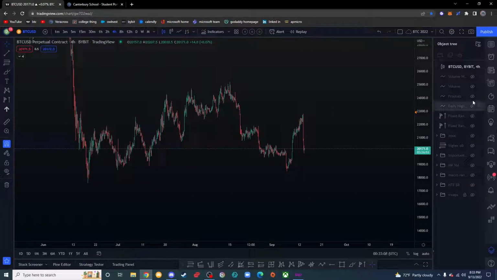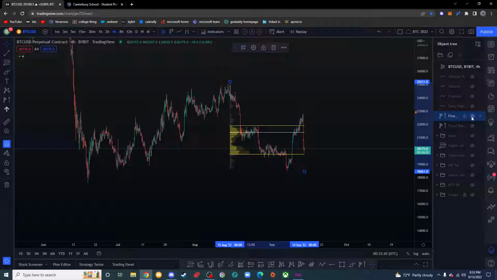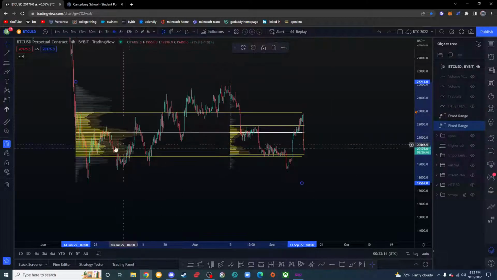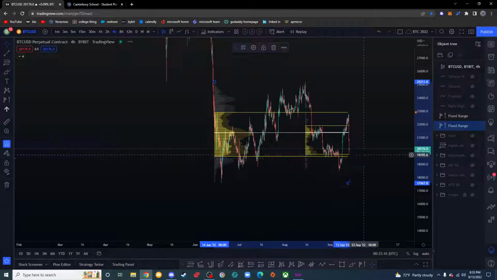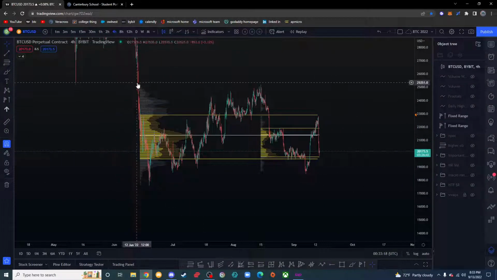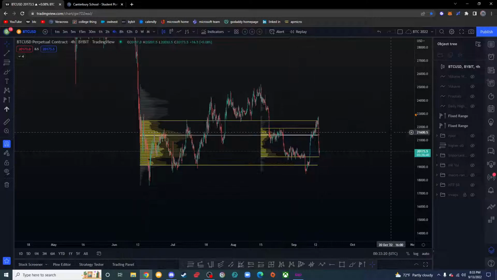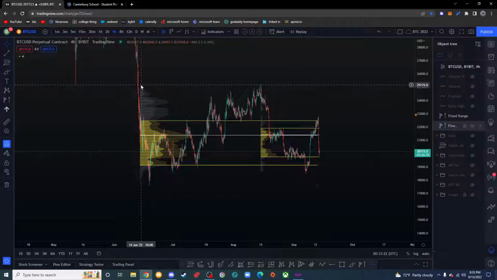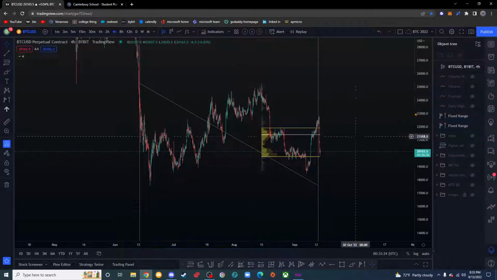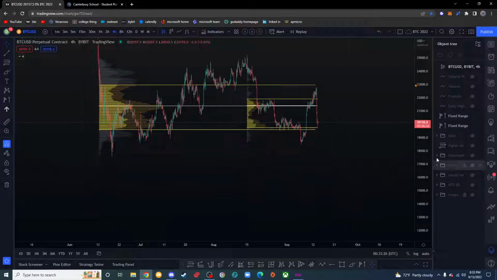As we saw here, this is a value area low of our downtrend, value area low of our bigger range. Very interesting stuff.